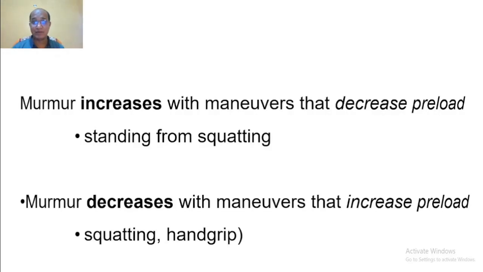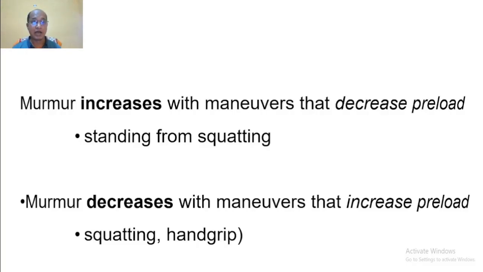On the other hand, the murmur decreases with maneuvers that increase preload, like squatting or hand grip. In the sitting position, if you ask the patient to make a hand grip, you will find that the murmur intensity decreases, because the preload is more.